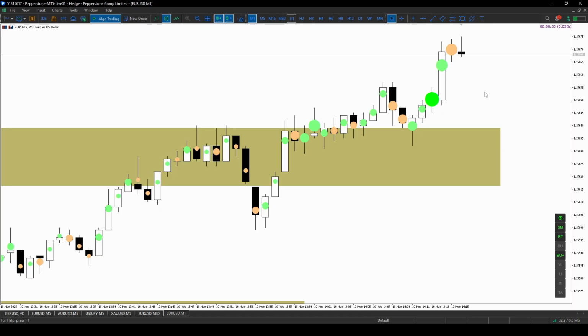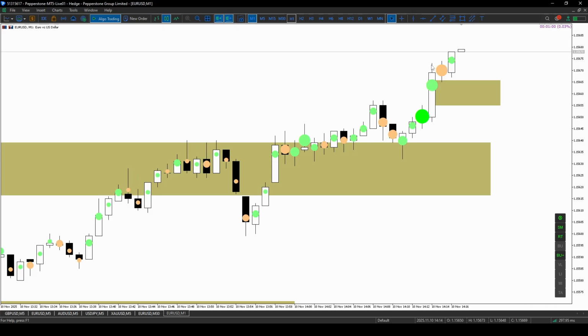I don't know what to say, but that's how it works, guys. And here we can see, so that's the area. Right now we are on the 1 minute time frame. So that's the big trades, and the next candle is also a large candle, we can clearly see, right?